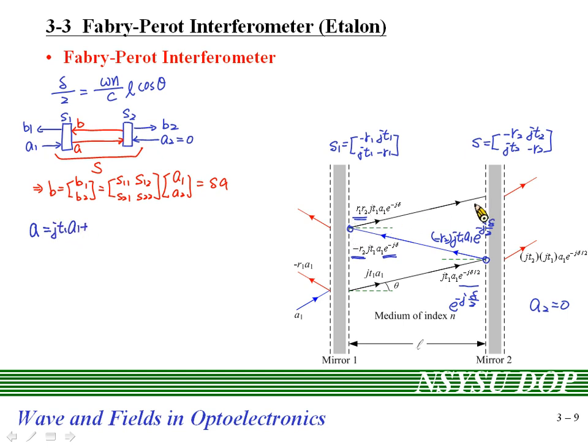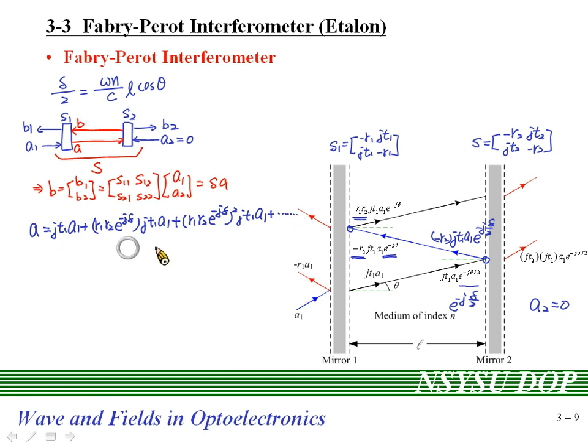And for the second one, it will be R1 times R2 times exponential minus j delta times jT1A1. And you can easily find out the third term to be R1 R2 exponential minus j delta, the square of the total one, times jT1A1, right? And also you can find out the other higher order terms.